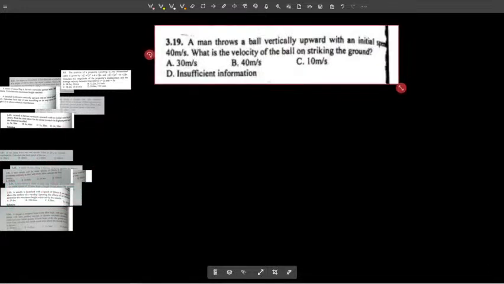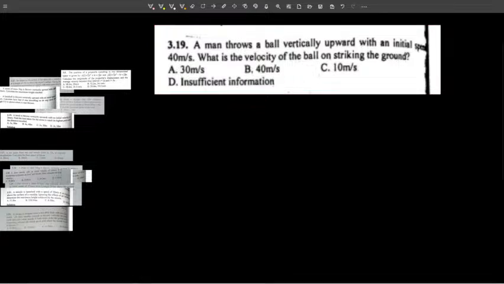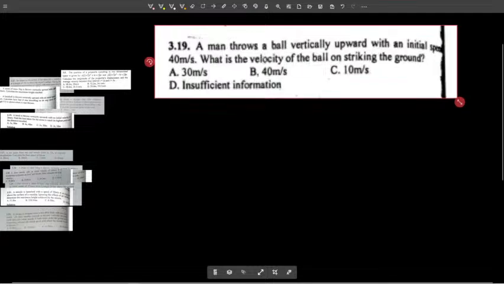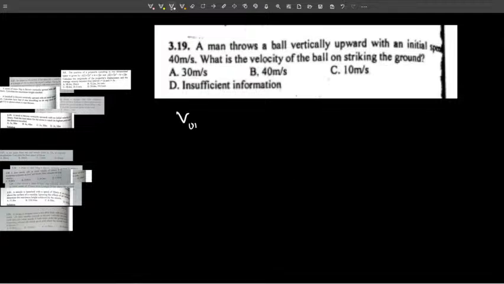A man throws a ball vertically upward with an initial speed of 40 meters per second. The initial speed is thrown vertically upward, so the initial speed is V naught y, in the y-axis, 40 meters per second. What is the velocity of the ball on hitting the ground?